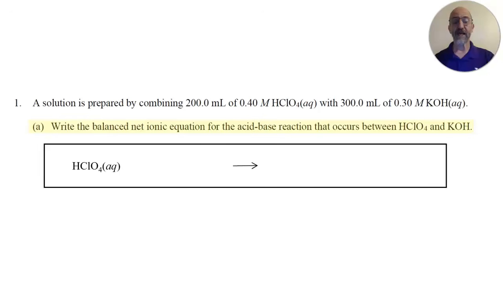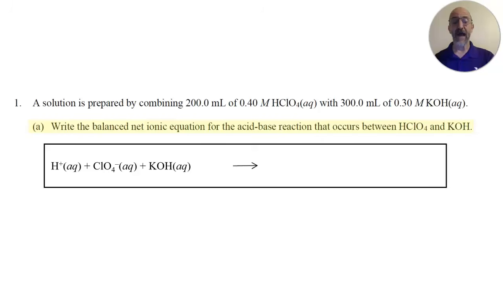So there's HClO4, but because it is a strong acid and is 100% ionized in aqueous solution, we're going to split it up into separate ions, H+ and ClO4-. And for the strong base, potassium hydroxide, same thing.